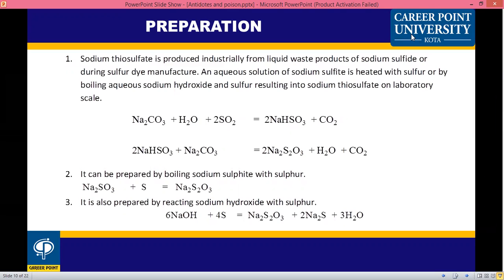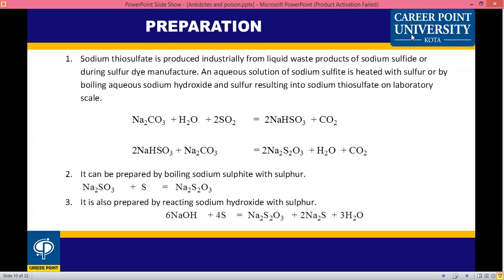If you use an aqueous solution of sodium sulfide and heat it with sulfur, or boil an aqueous solution of sodium hydroxide and sulfur, sodium thiosulfate is formed.